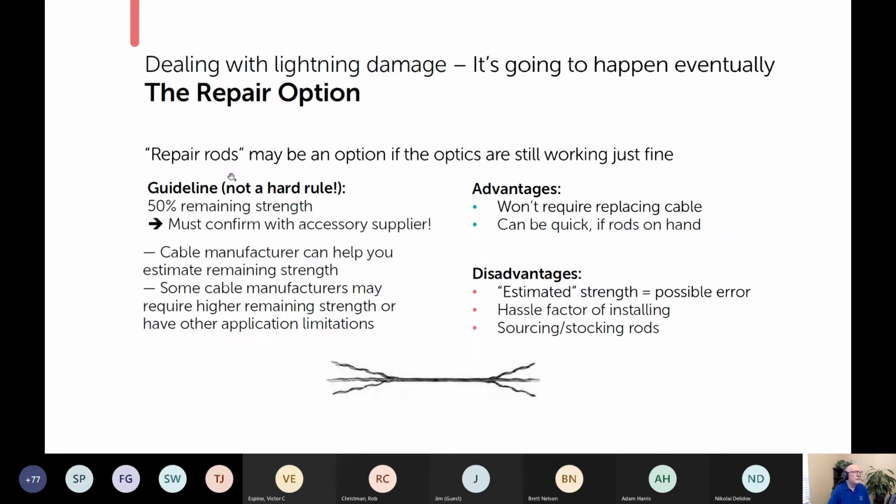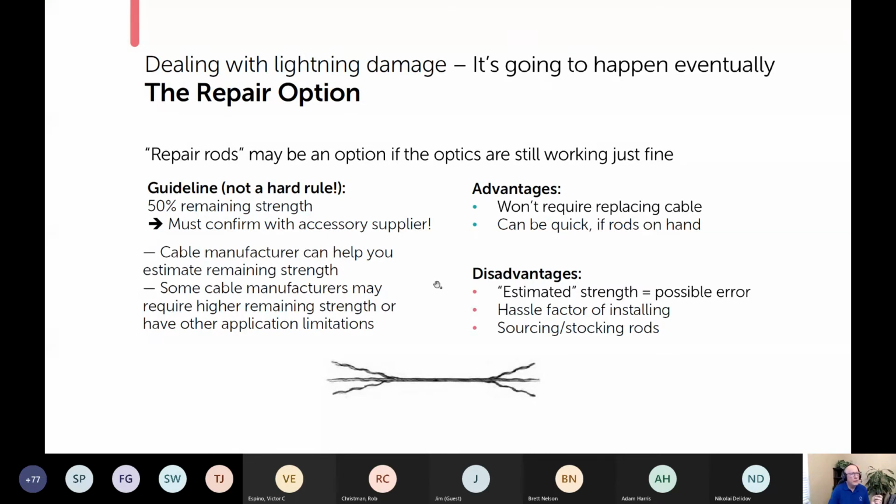Repair rods, which basically are a specialized set of armor rods, restore electrical conductivity in addition to strength, and dissipate energy from additional lightning strikes in the future.